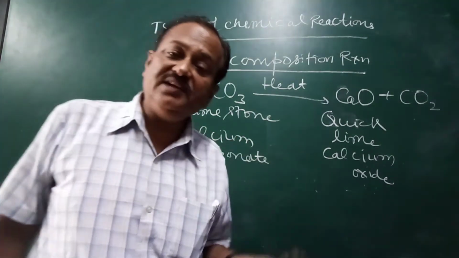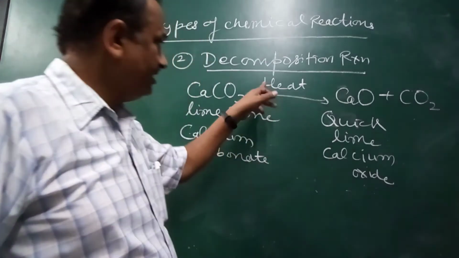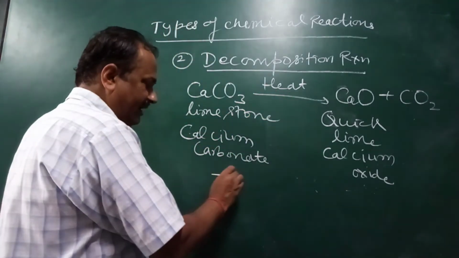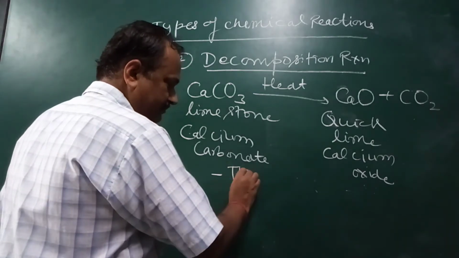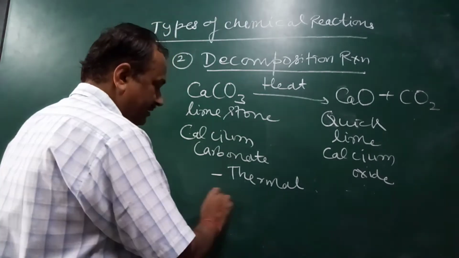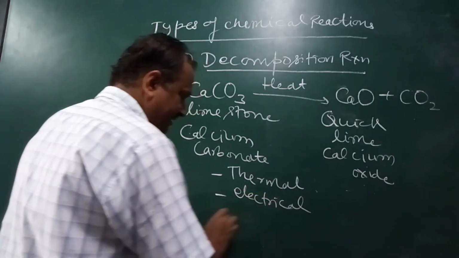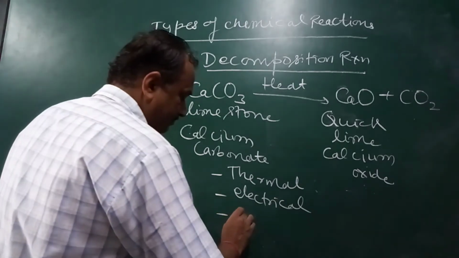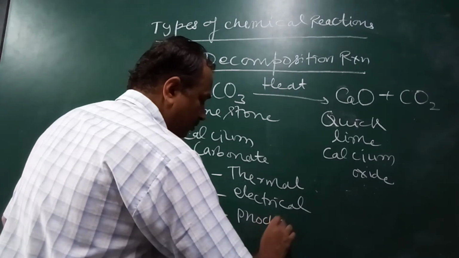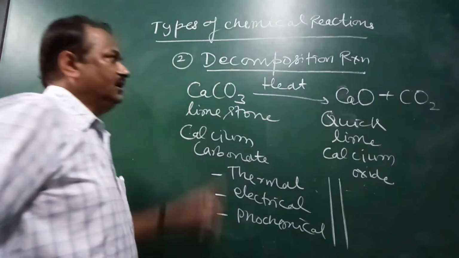Decomposition reactions are also of three types: by heat, that is thermal decomposition; by electrical, by passing current; and by light or in the presence of light, which is called photochemical. So there are three types of decomposition reaction.